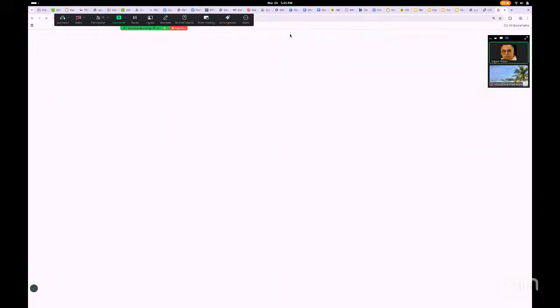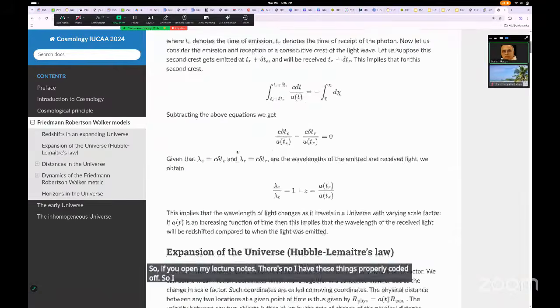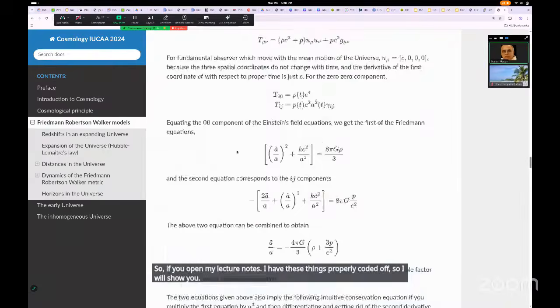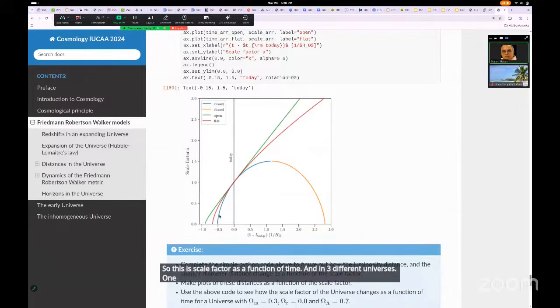I have these things properly coded up, so I will show you. So this is the scale factor as a function of time, in 3 different universes. One is a flat universe, that's the red line. We are here today, the scale factor is 1, and t is 0, let's say.